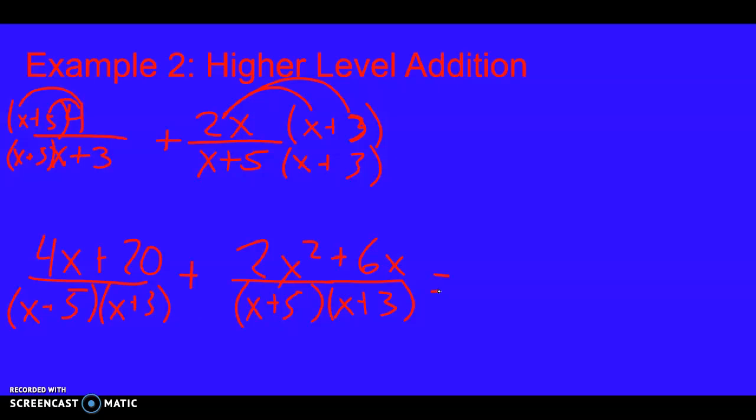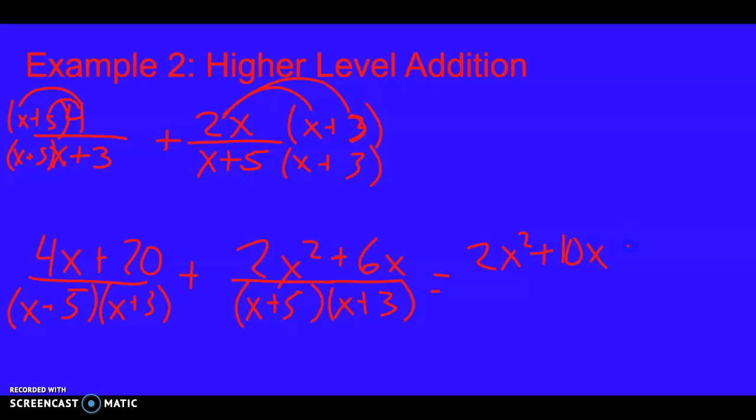But our final step is to look at this now like a polynomial addition problem. On top, you have 4x plus 20 plus 2x squared plus 6x. We combine our like terms and we write our answer in descending order. So 2x squared, and then I have a 4x and a 6x. I can combine those to make 10x.